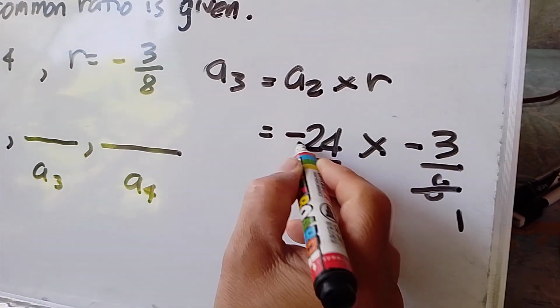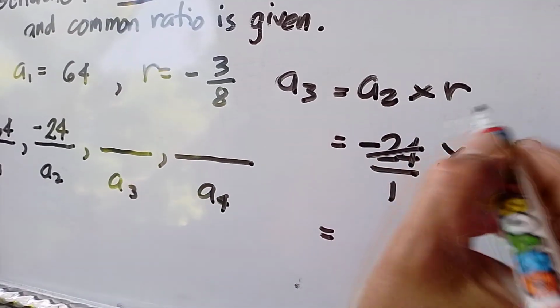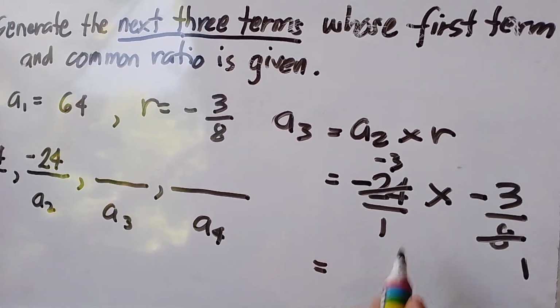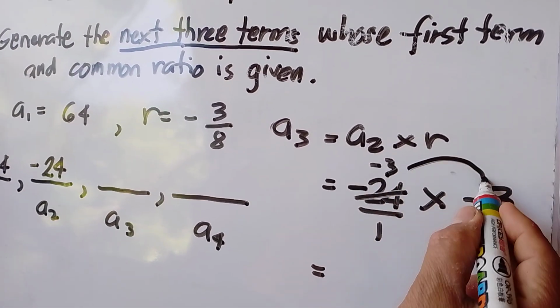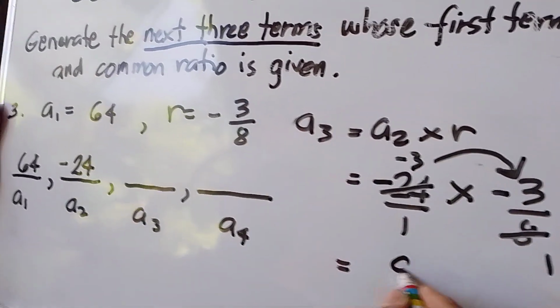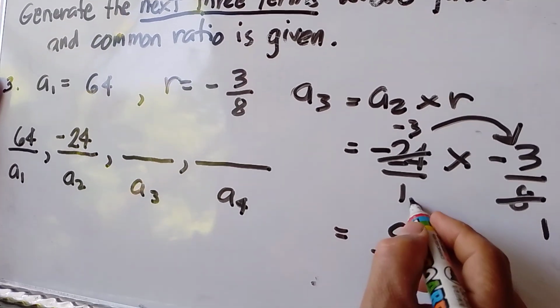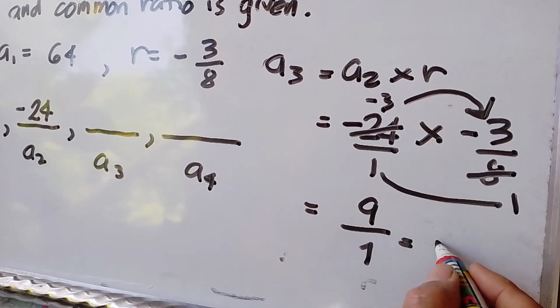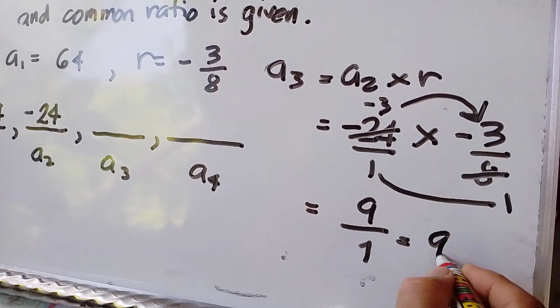This is 1. Divide by 8. This is negative 3. So we have here negative 3 times negative 3 is positive 9. And then 1 times 1 is 1. So our next term, which is a sub 3, is equal to 9.